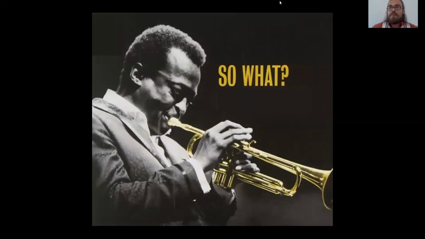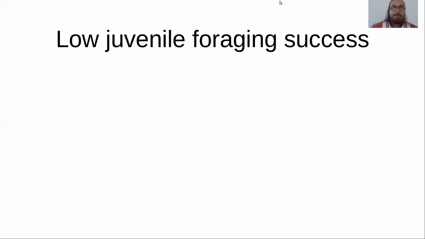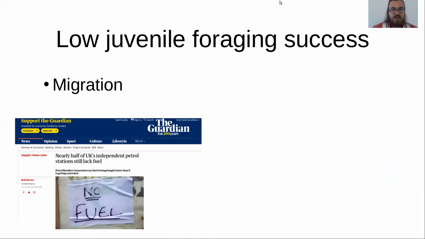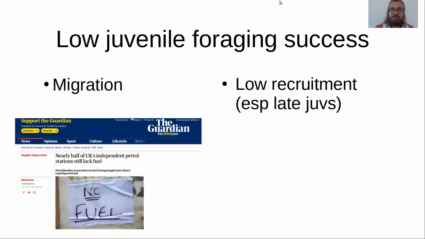Okay, well, so what? Why does this matter? Well, I think juvenile foraging success has some important consequences for migration. These birds are about to have to leave Iceland and fly south to the rest of Europe. And as people in the UK have been finding out recently, when you have a long journey to make, it really helps to have enough fuel to do it.